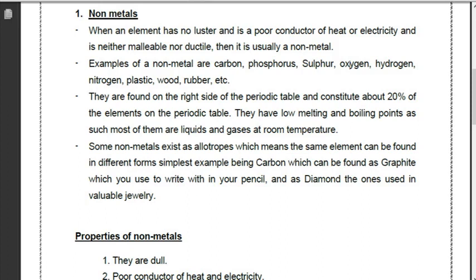About 80% of the elements there are metals, whereas nonmetals are only around 20%.